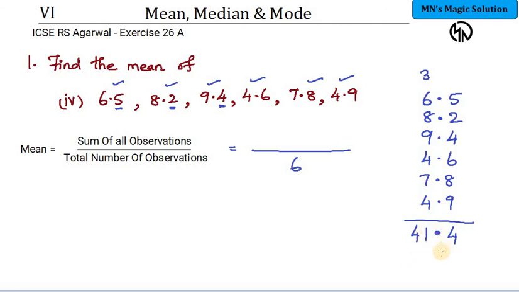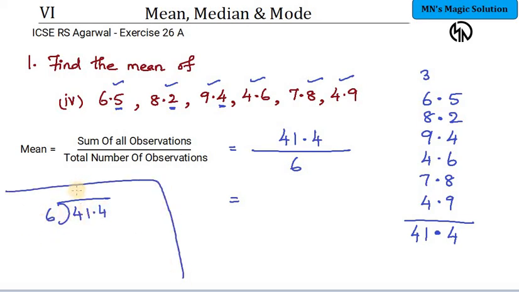So what is the sum of all observations? It is 41.4. So I'll write 41.4 in the numerator here, which is the sum of all observations, whole divided by total number of observations. How many is it? It is 6. So when you divide by 6, normal division we can proceed. What is it? 41.4 divided by 6. This is my rough work.